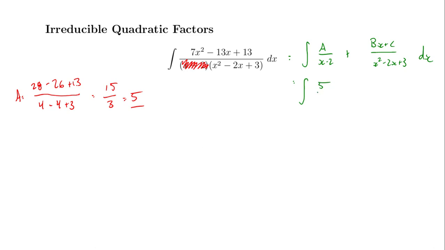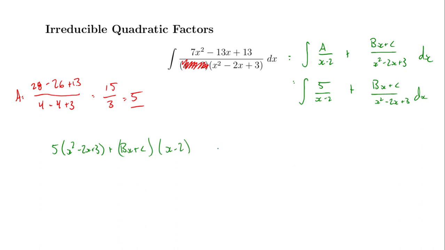So what we really have is 5 over x minus 2 plus, we can't really do that cover-up method for this linear numerator, bx plus c over x squared minus 2x plus 3. But what we can do is set up that equation, right? Let's multiply out with common denominators and add these things together, and that means we're going to have 5 times x squared minus 2x plus 3 plus bx plus c times x minus 2, and that's going to equal 7x squared minus 13x plus 13.